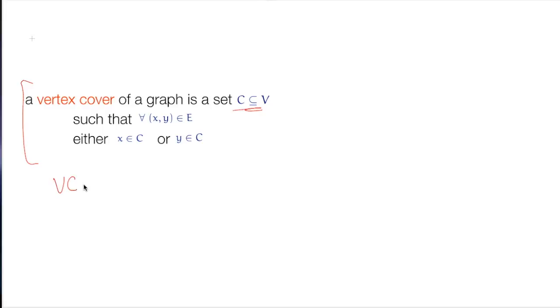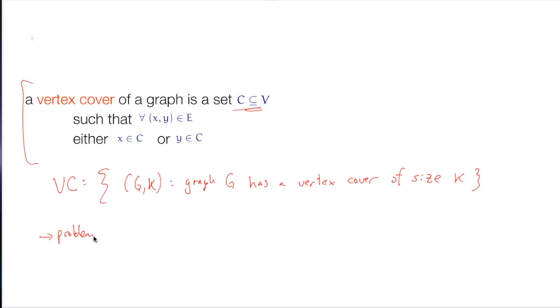So call VC the set of all graphs and K such that graph G has a vertex cover of size K. And then the problem that you're going to be asked is, given a pair G comma K, does G comma K belong to the set VC? So the answer is either going to be yes or no.